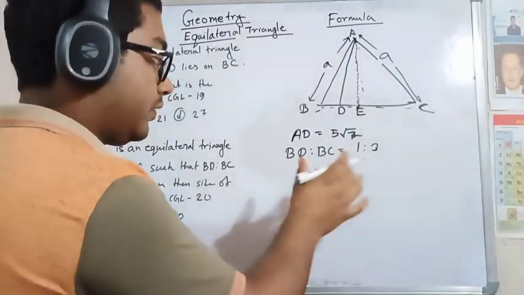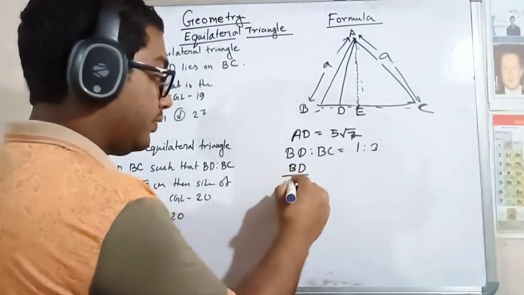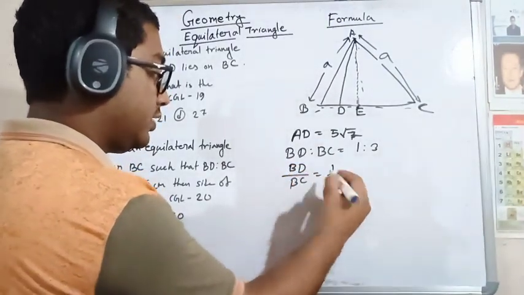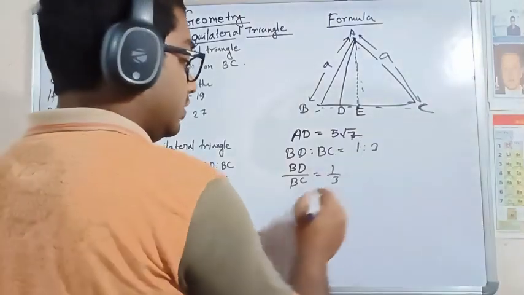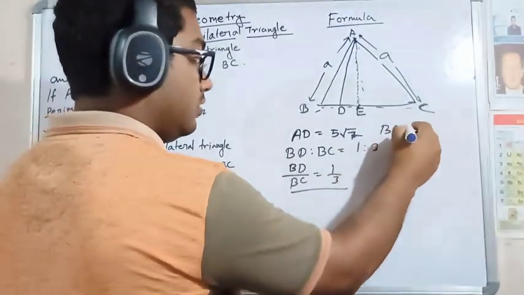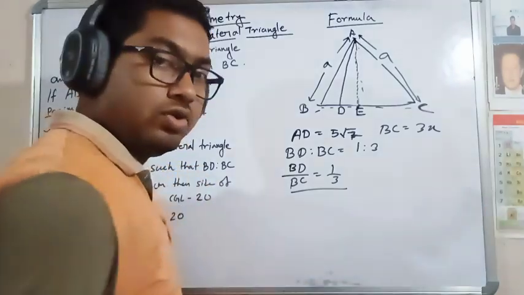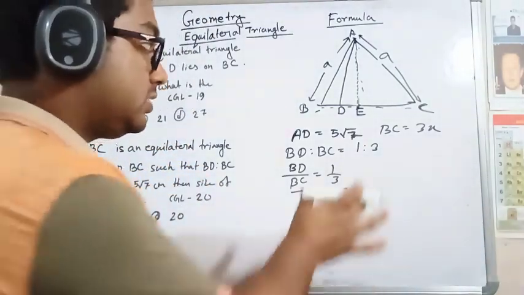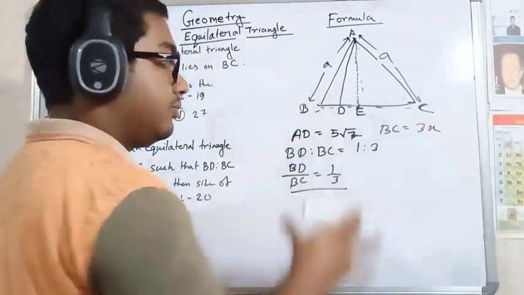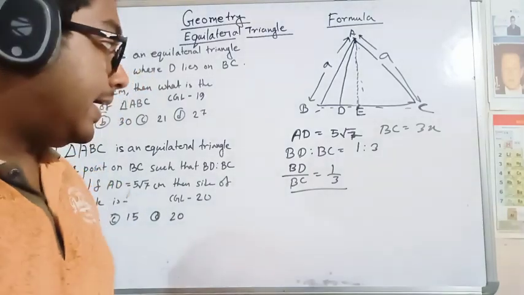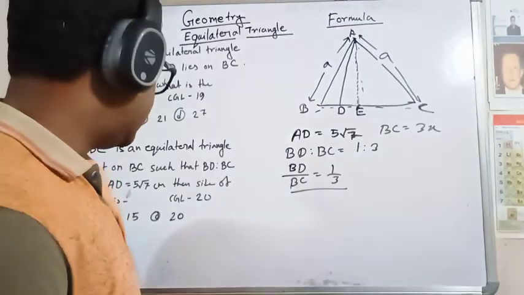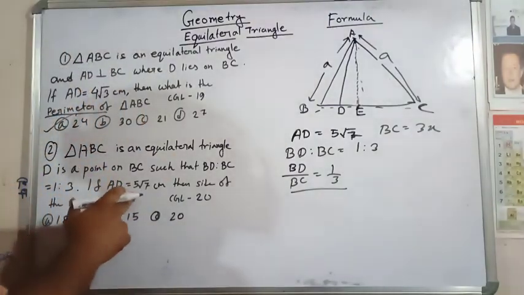Okay, from this, BD by BC is equal to 1 by 3. So we assume that BC is equal to 3x, or 3k you could take. This is our arm, 3x, and AD is equal to 5 root 7.